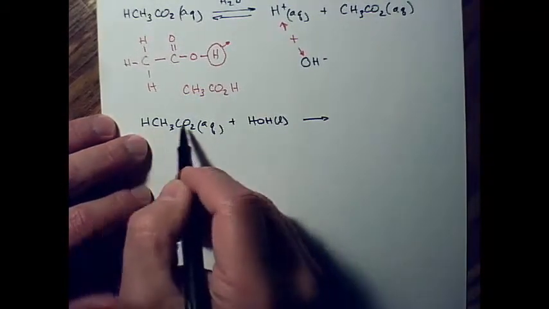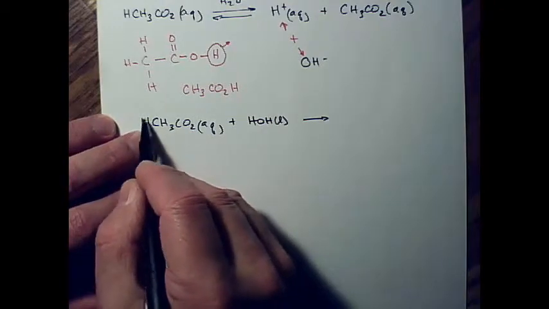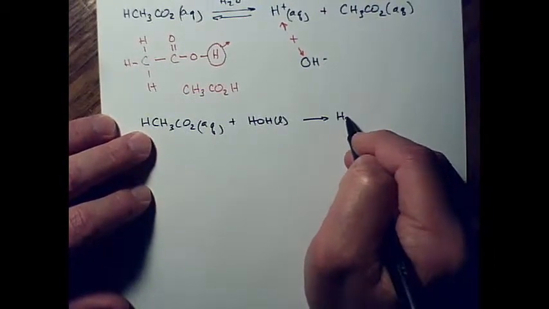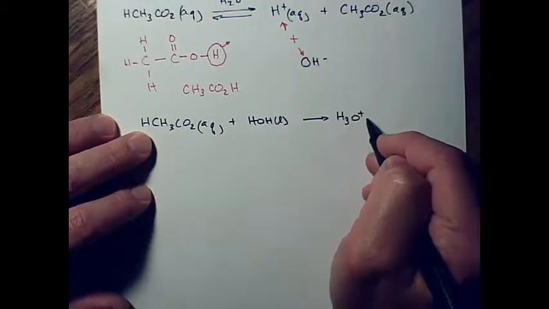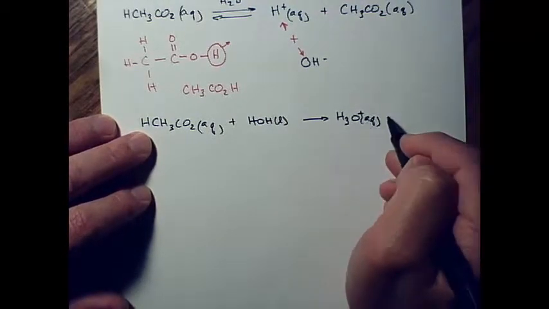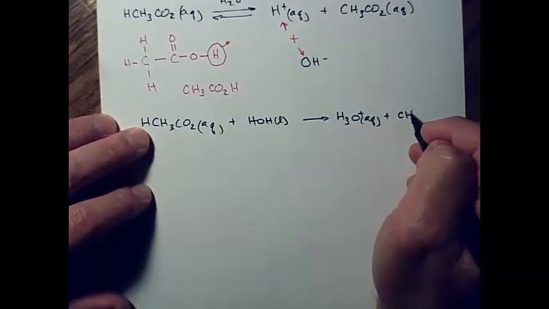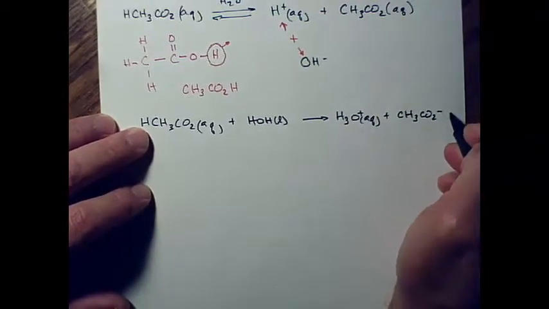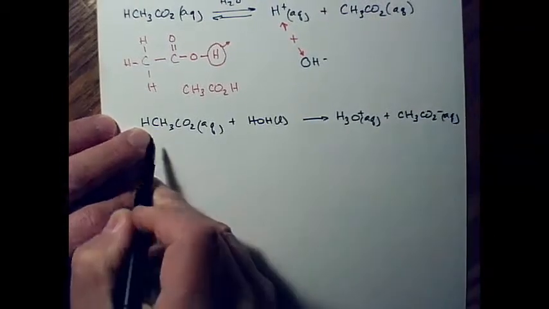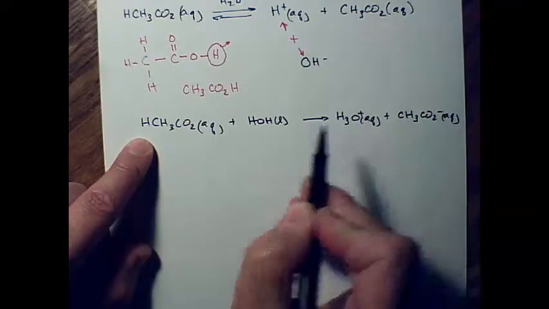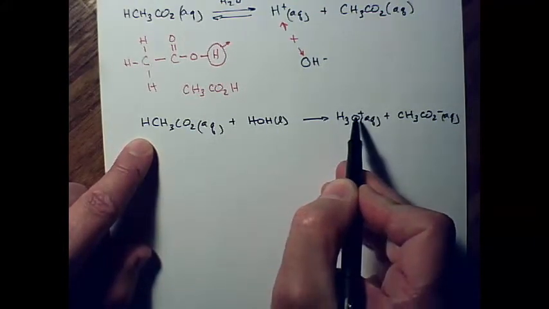Hydrogen is going to leave the acetic acid, join up and covalently bond with the lone pairs on that oxygen. We make H3O plus, hydronium. And what's left over after the hydrogen leaves is the acetate ion. Acid, conjugate base. Base, conjugate acid.